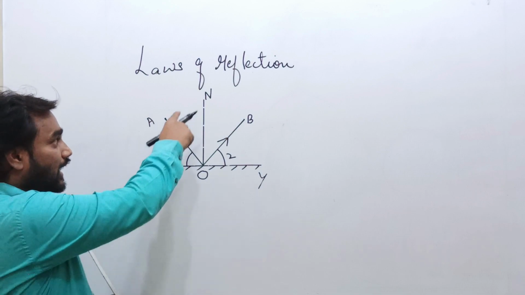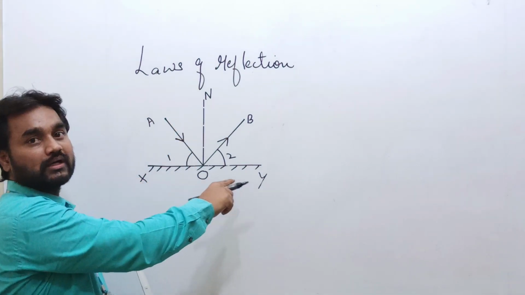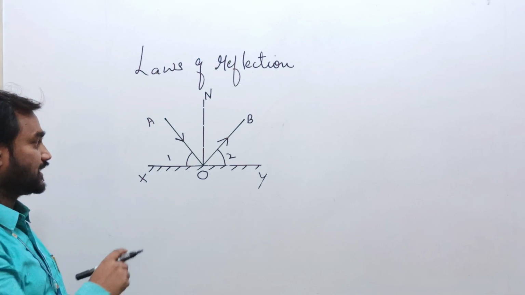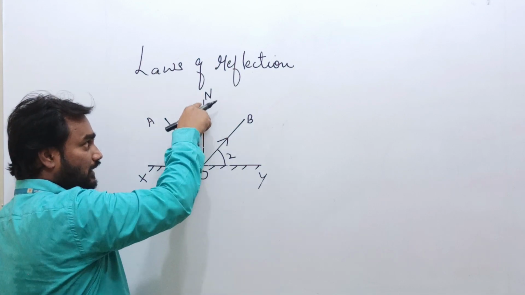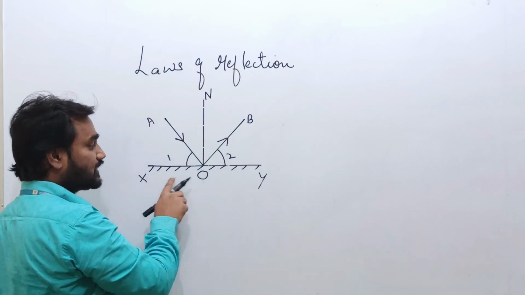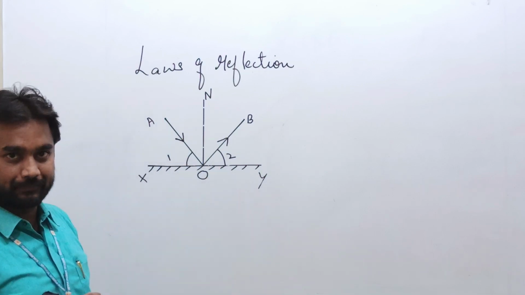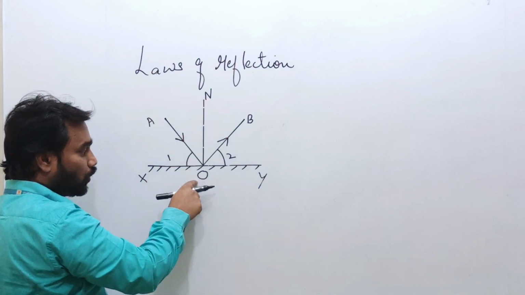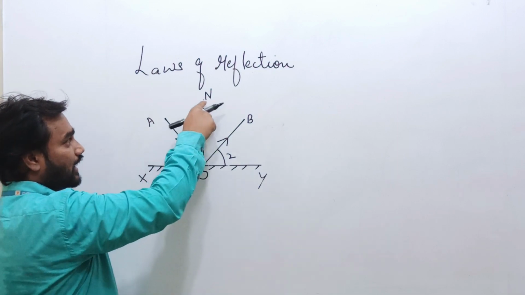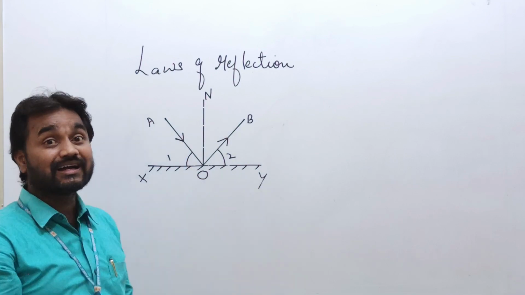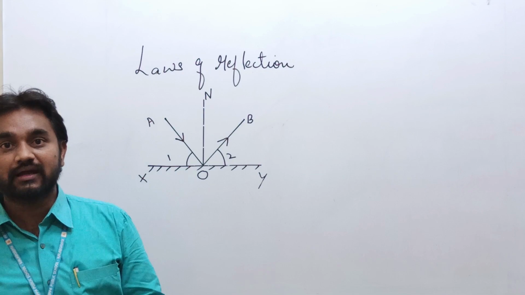That means NO is perpendicular to the reflecting surface XOY, which means that the angles NOX and NOY are right angles.